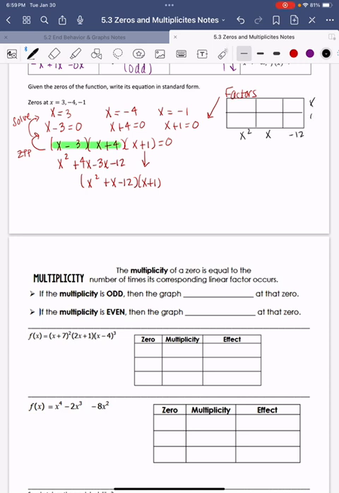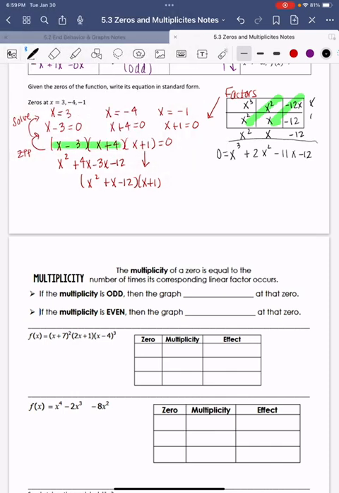And it doesn't matter what's on the top and what's on the bottom. Makes no difference. Okay, and if you've done it right, your diagonals will match. So in order, x cubed plus 2x squared minus 11x minus 12, and that is the function.